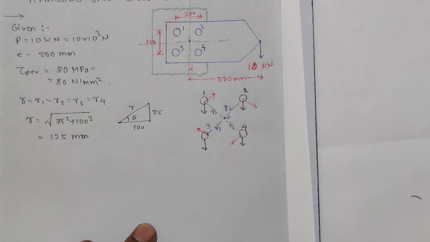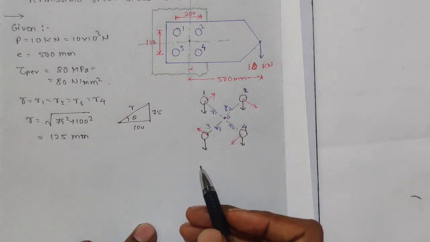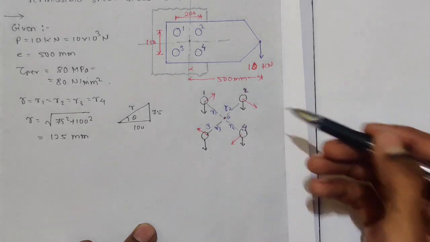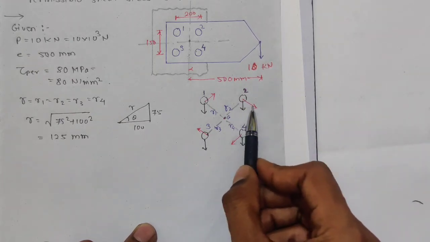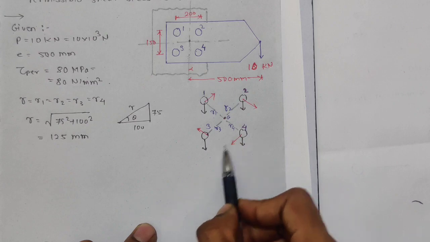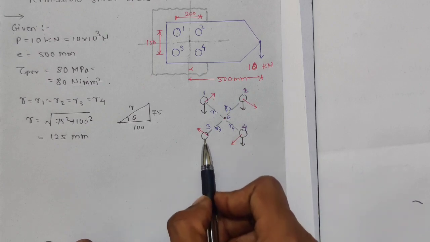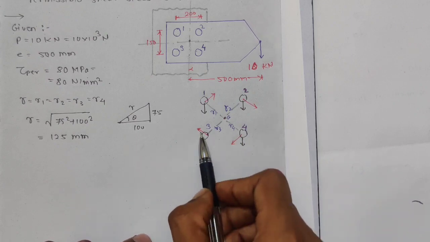Now which is the heavily loaded bolt? In the last video we saw that the right side bolts are heavily loaded. You can see they have the same direction, downward. Here one is downward and one is upward.